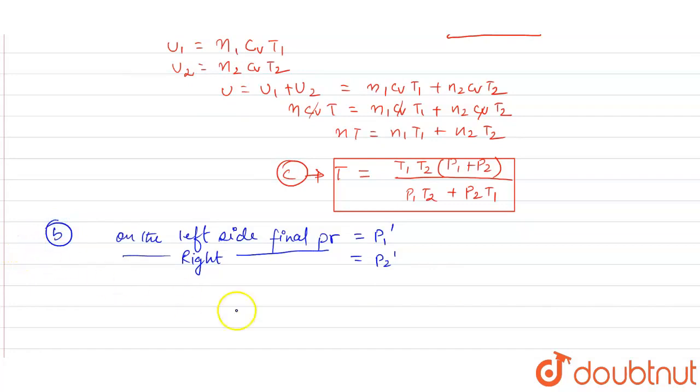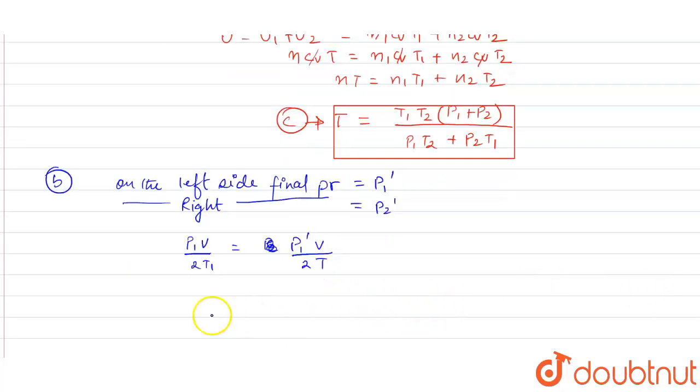Okay, since the number of moles on the left side will remain the same, applying the ideal gas equation, what we can say is P1 V by 2 times T1 will be equal to the final pressure, sorry, P1 dash V by 2 times T, correct? Now since we have calculated the value of T, we can easily find the final pressure P1 dash.